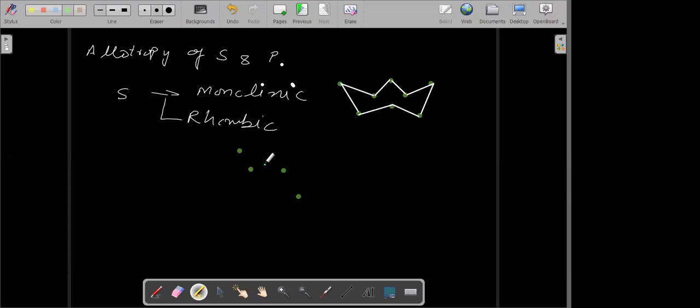I thought there are 8, but there are 6 only. So this is a boat arrangement. So such a structure. This is one arrangement of one structure. Got this?